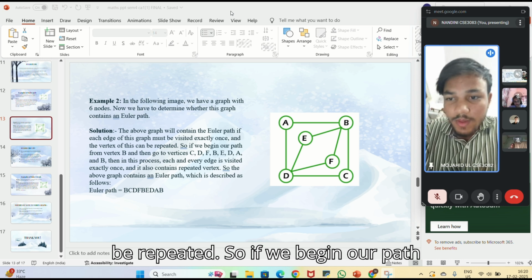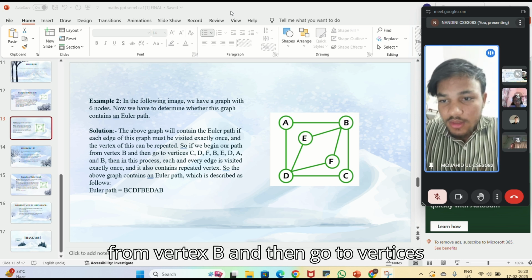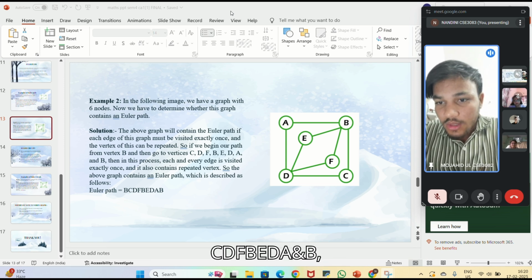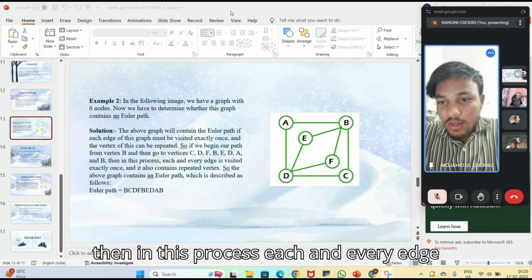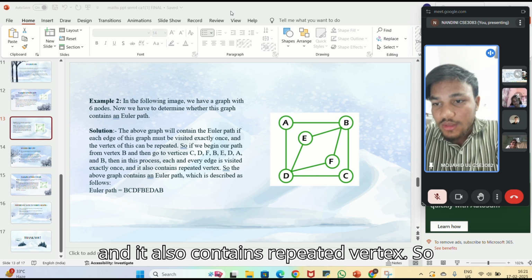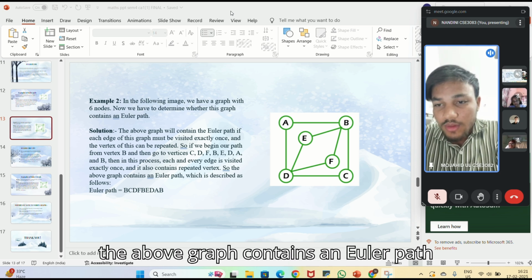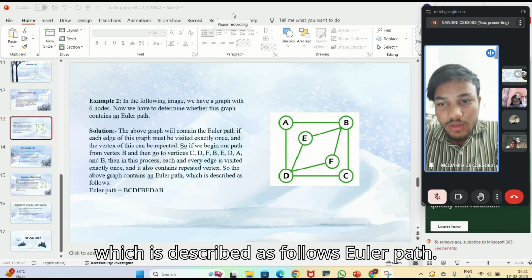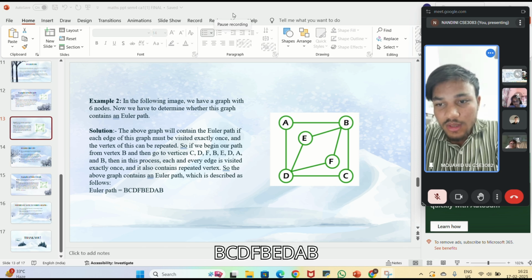So if we begin our path from vertex B and then go to vertices C, D, F, B, E, D, A and B, then in this process each and every edge is visited exactly once, and it also contains a repeated vertex. So the above graph contains an Euler path which is described as follows: Euler path B C D F B E D A B.